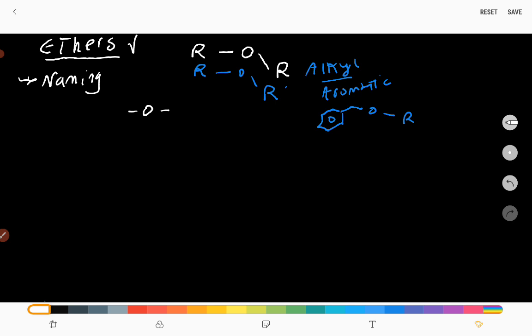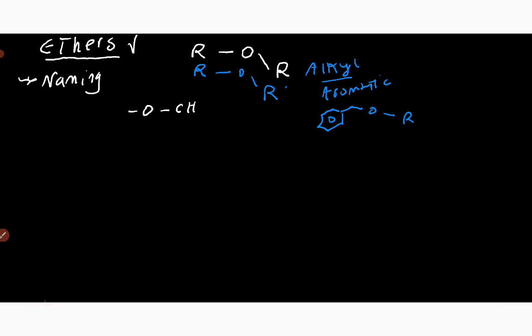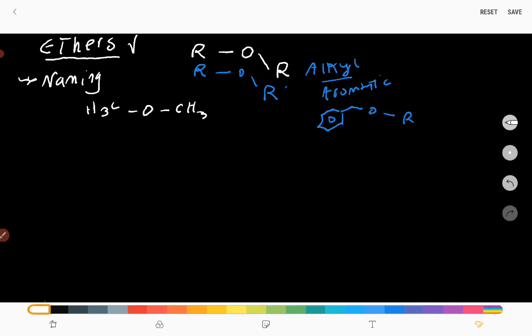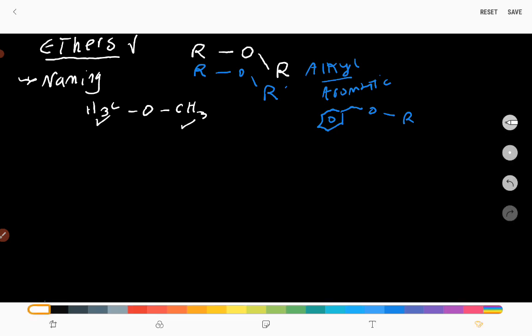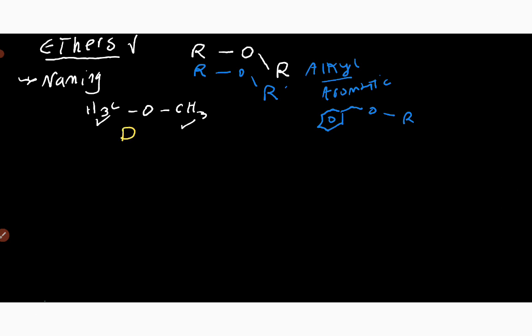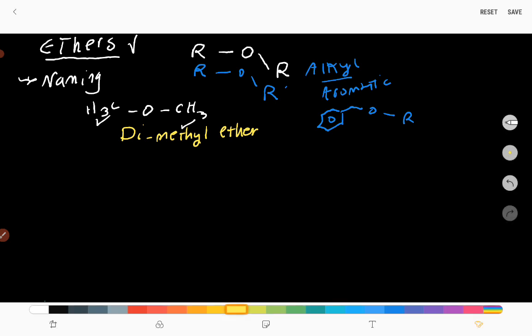For example, when you have two methyl groups attached to oxygen, you say methyl methyl ether. Or better, because you have two groups of methyl, you just say dimethyl ether.